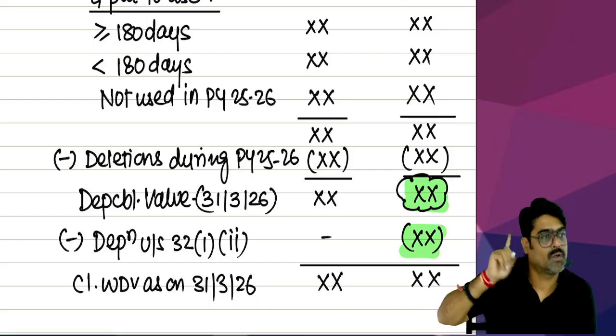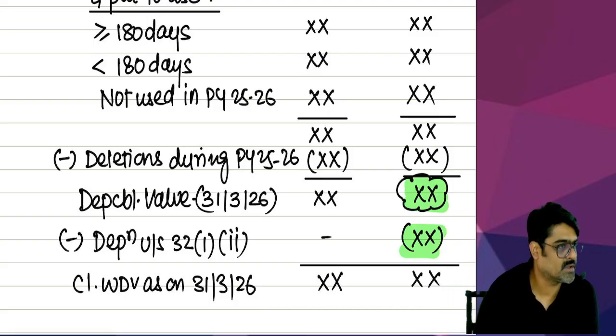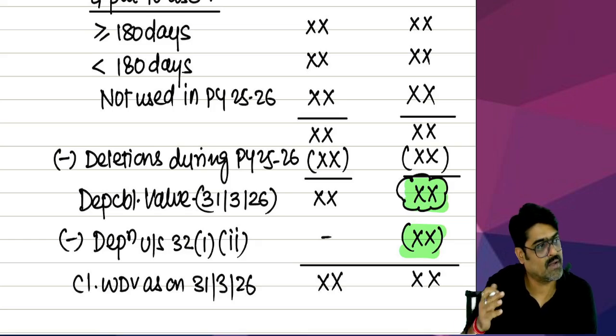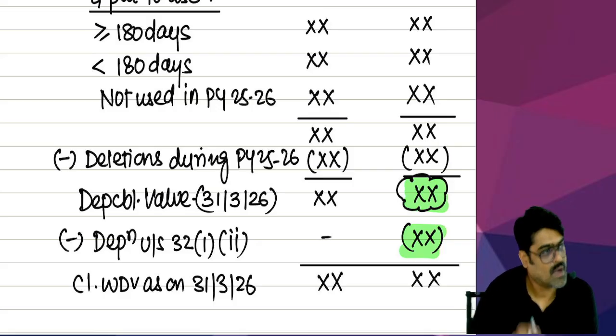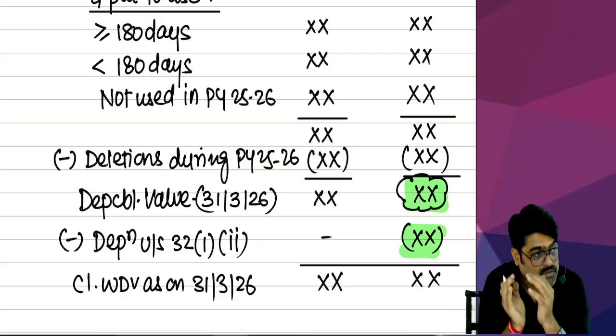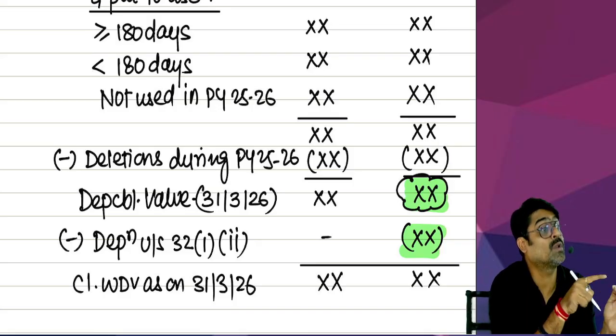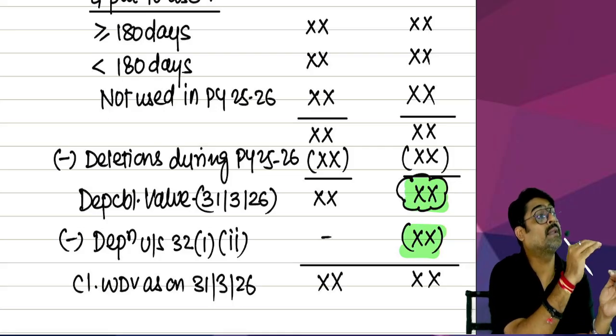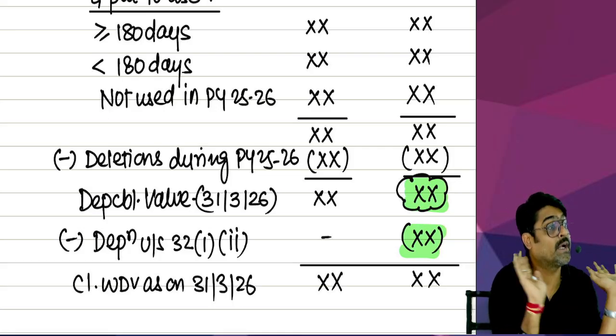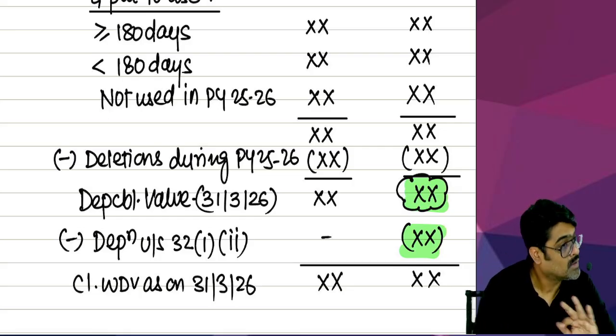On this value, you are supposed to calculate the depreciation. On the full depreciable value, you will apply full rate. Out of this value, separate the value which is equal to the cost of those assets which are acquired in this year but not used at all. On that, no depreciation.